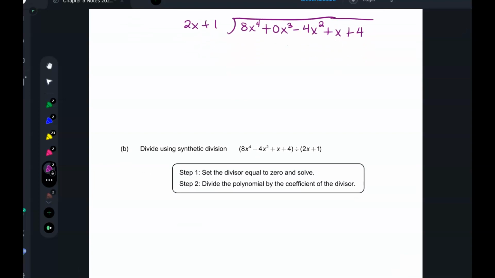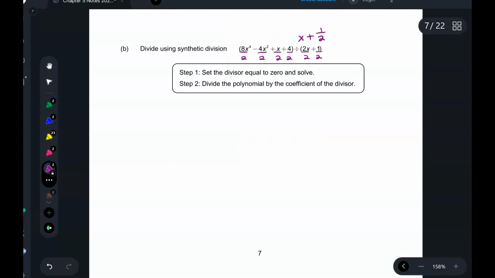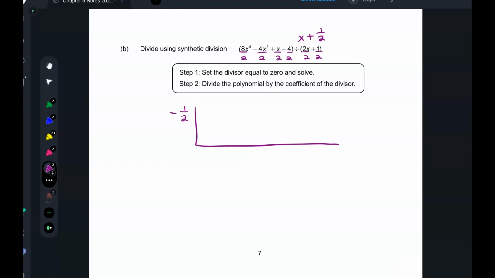If we're going to try this by synthetic division, we need to divide everything by 2, because I need to make this a divide by x plus a half. So if I'm dividing by x plus a half, what am I going to put on the outside? Negative 1/2. And now I'm going to put all of these divided by 2.